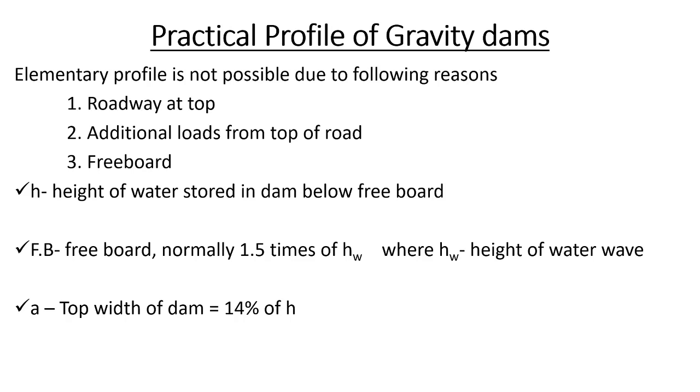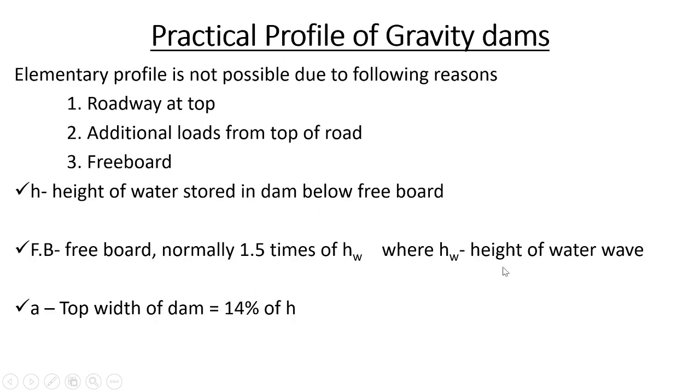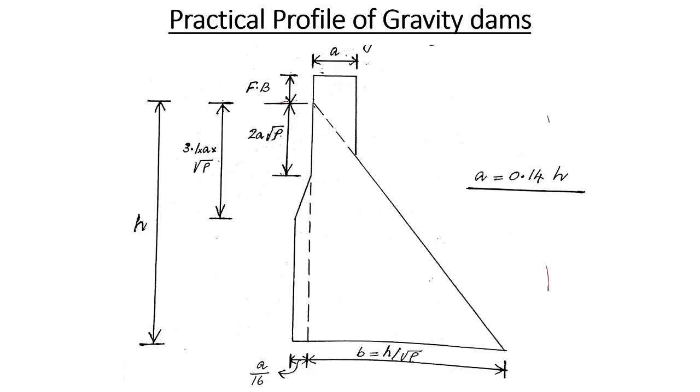This height of water waves is denoted by hw, and freeboard is taken as 1.5 times hw. So this is the basic difference between the practical profile and elementary profile of gravity dams.